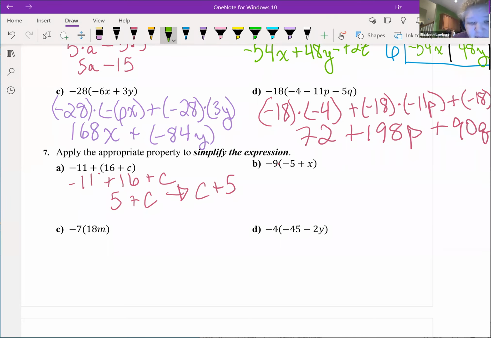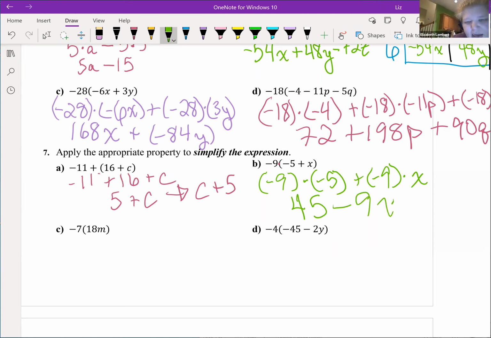So this is going to become -9 times -5 plus -9 times x. Negative and negative will be positive. 5 nines is 45. And then we can write plus -9x or just minus 9x.